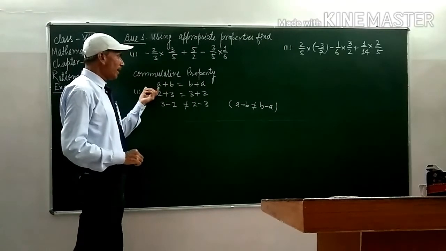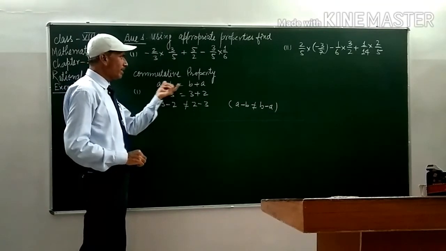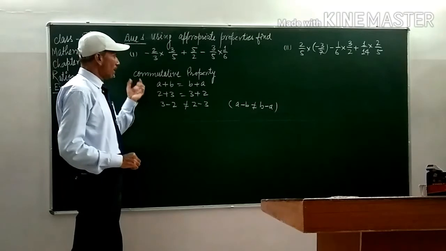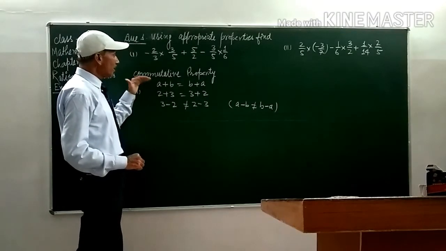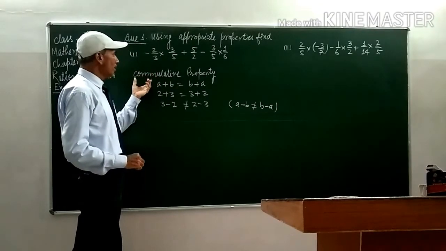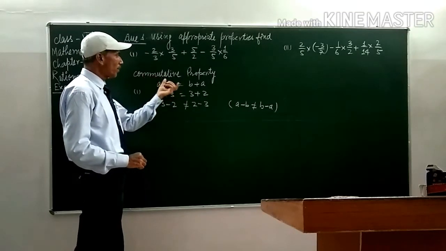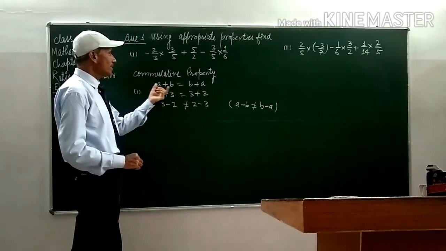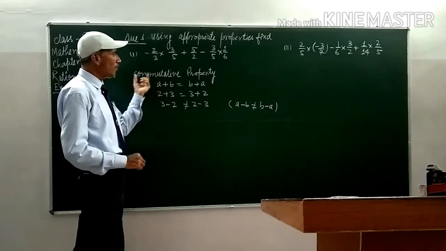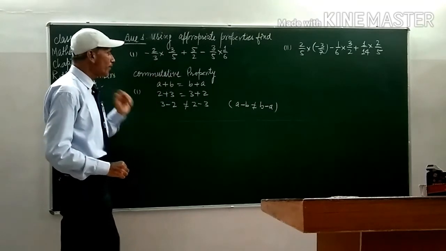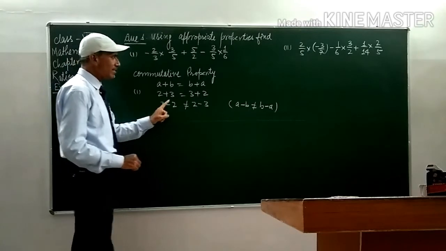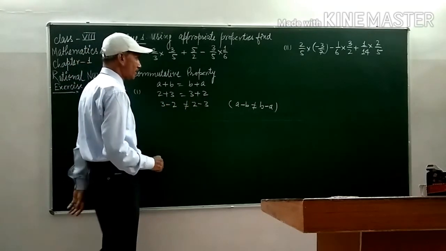Under addition, rational numbers are commutative, which means addition follows the commutative property. Addition is commutative for rational numbers, but subtraction is not commutative for rational numbers.